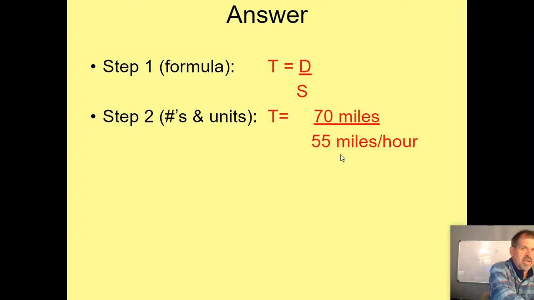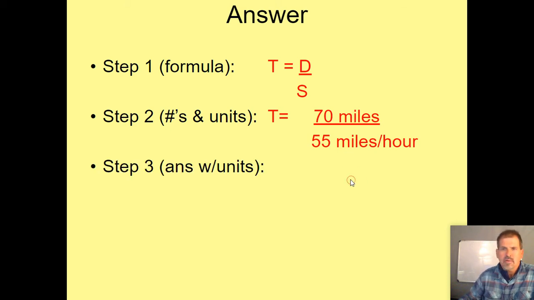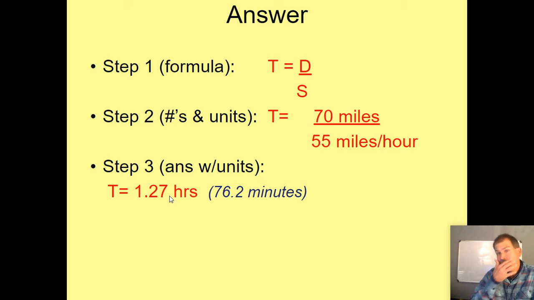In that case, what ends up happening is the miles just cancel, and we're left with 1.27 hours. 70 divided by 55 is 1.27 hours. So that is our time. That's our total time that it took to travel.